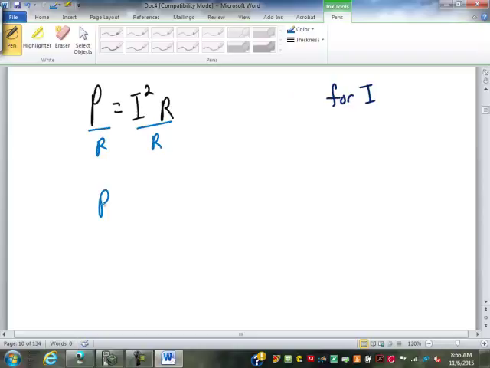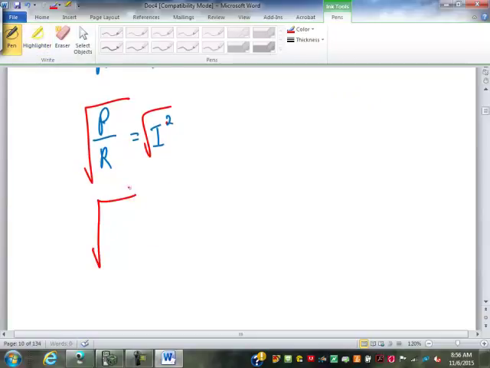So this is p over r now equals I squared. So now I got to square root that to get rid of the squared. And I got to make sure that square root goes through the whole fraction. A lot of people just put the square root up like this. That doesn't work. That'd be the square root of p, then all over r. So yes, the square root and the squared cancel out. So I've got the square root of p over r over here, and over here I just have I.